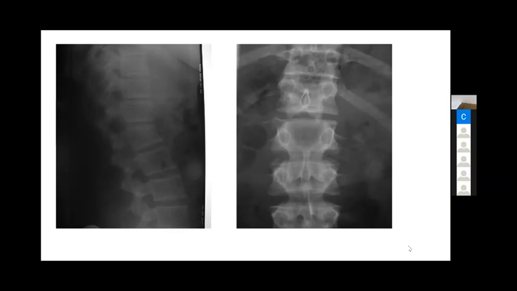So is that important in describing the intervertebral disc space in the X-ray? Does it make any difference to what you do? When you say intervertebral disc space, does it give any information to you?